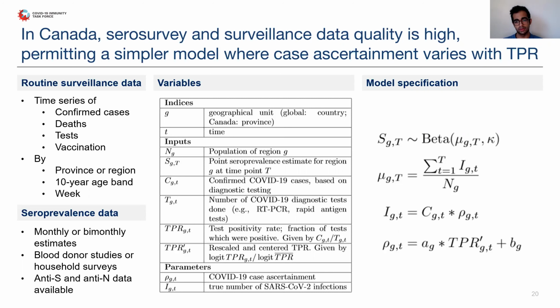The model specification we have right now is on the right. Rho GT represents the ascertainment in a certain geography, in this case the population, and at a certain time point.